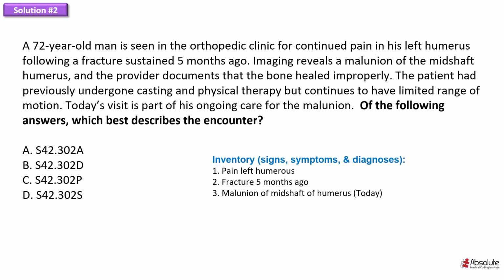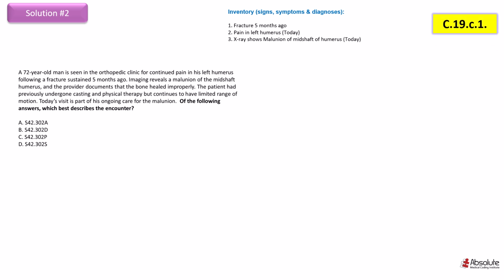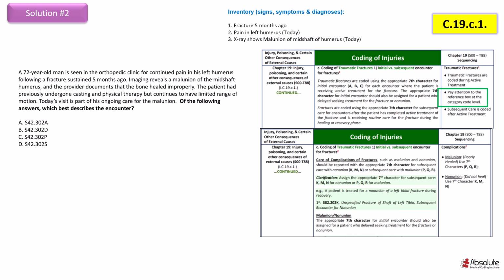But again, coders, these seventh character extenders are different, and this will determine our answer. So if I were to say of the three, which is our first listed code, I'm going to say malunion of midshaft of humerus. Yes. Now, let's go ahead and solve with our guideline. All right, so the guideline that we're going to use is C19C1. Yes, this guideline talks about subsequent encounters for fractures, right?